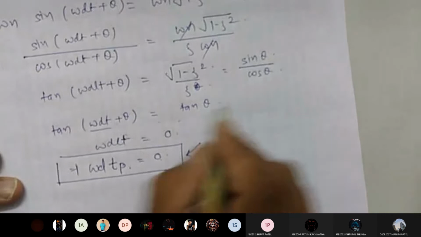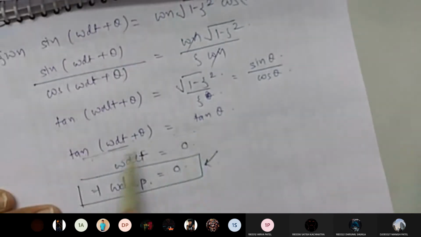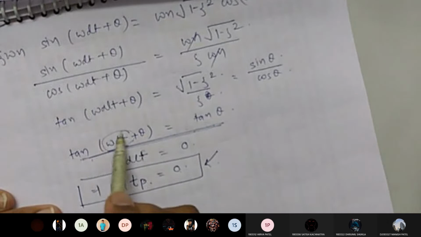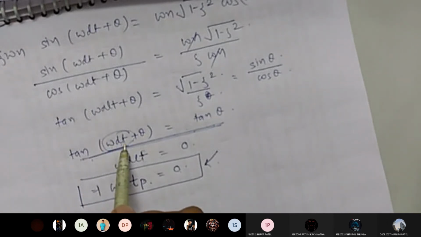What I am trying to say is, when are these two equations equal? When this omega dt becomes 0. When does tan become 0? At pi, at n pi.